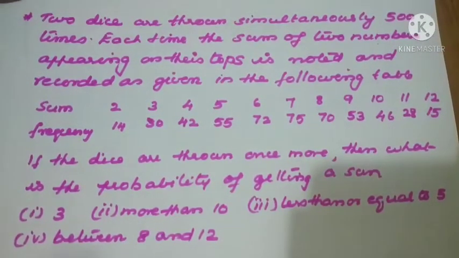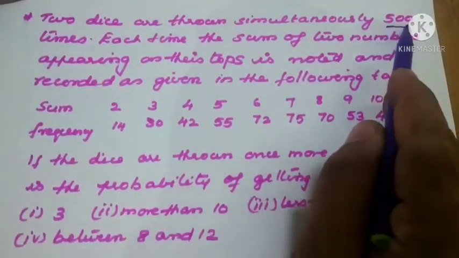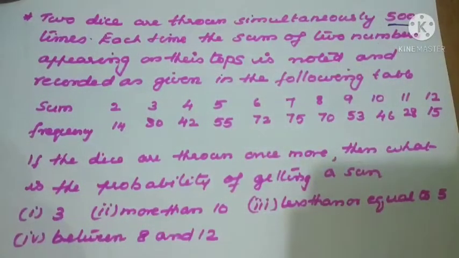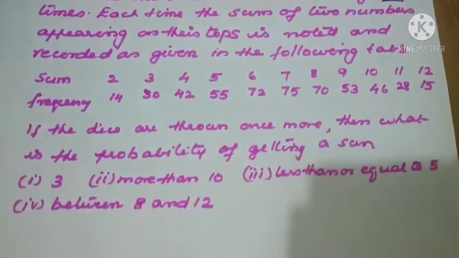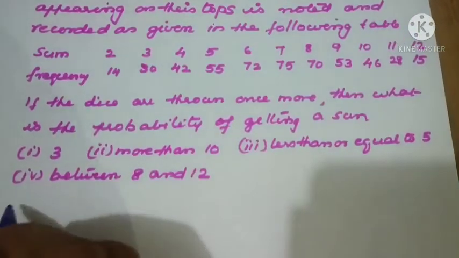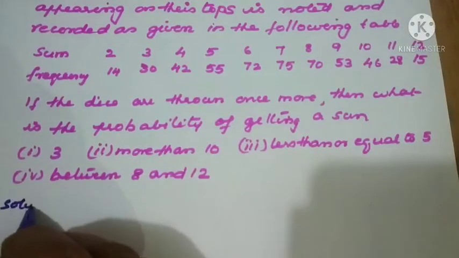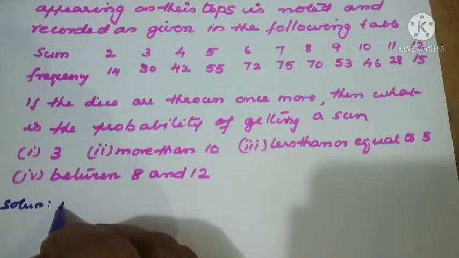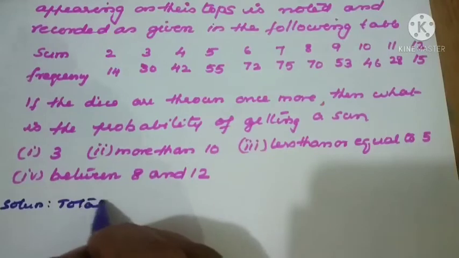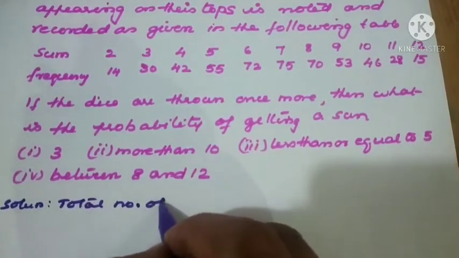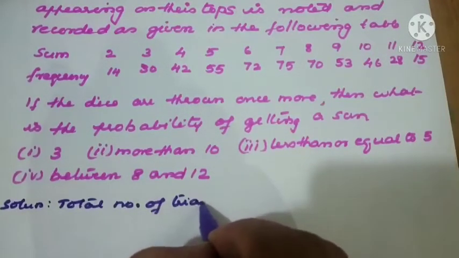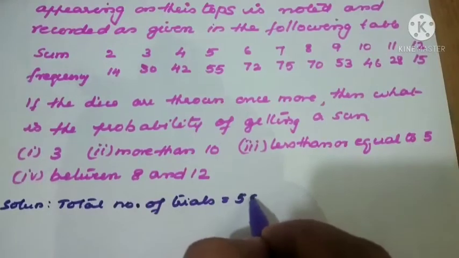So two dice are thrown simultaneously 500 times. So 500 times are the total trials. First we will write that only. Total number of trials is equal to 500.